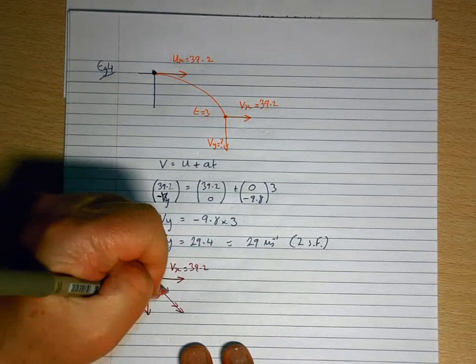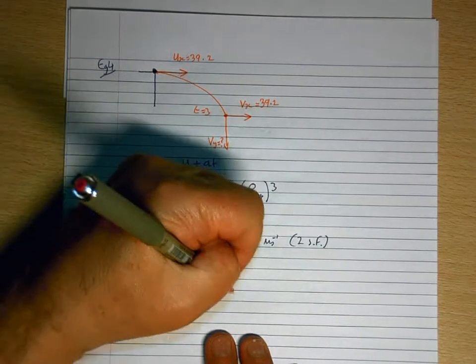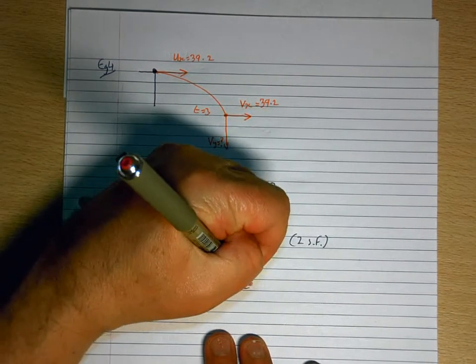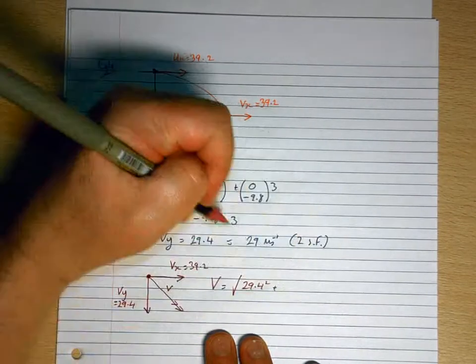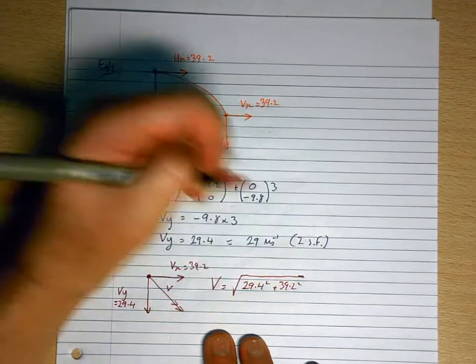It's Pythagoras again. So V is going to equal the square root of 29.4 squared plus 39.2 squared.